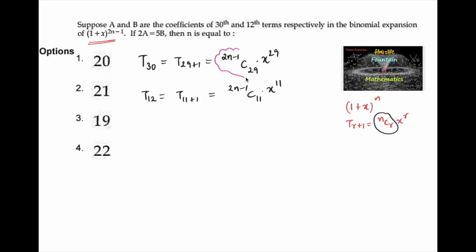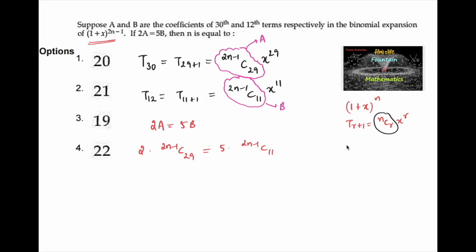The coefficients are given, that is 2n minus 1 C 29 and 2n minus 1 C 11, which are given as a and b. So we can say this is a and this is b. And also the relation 2 times a is equal to 5 times b, that is 2 times 2n minus 1 C 29 is equal to 5 times 2n minus 1 C 11.